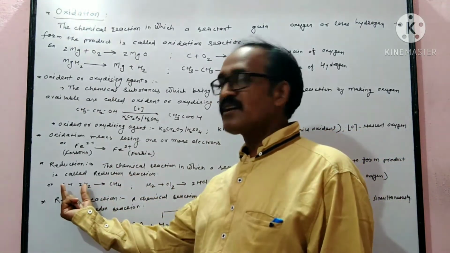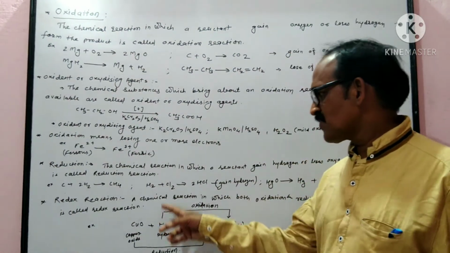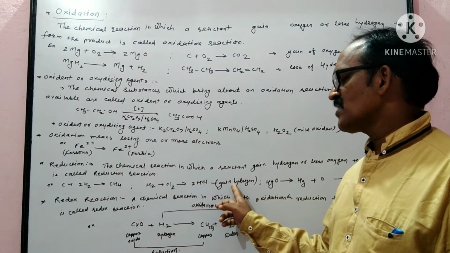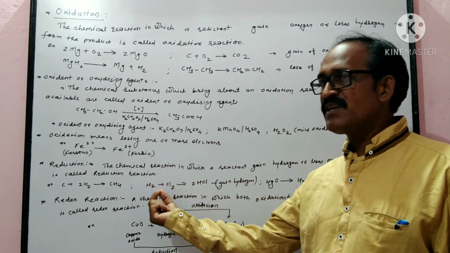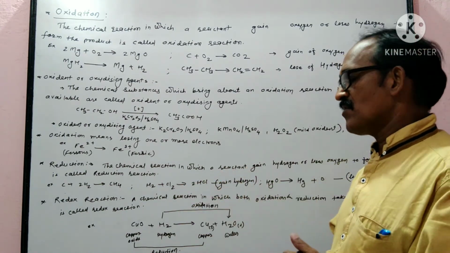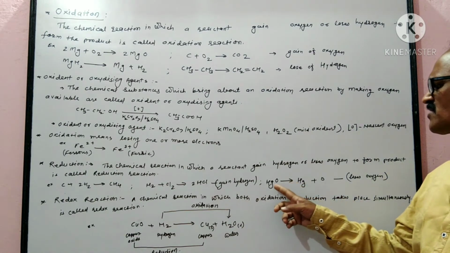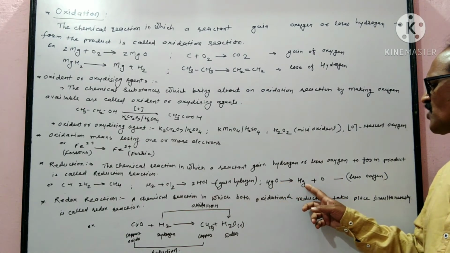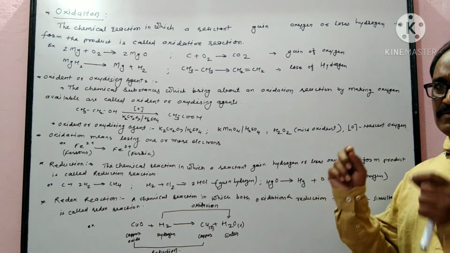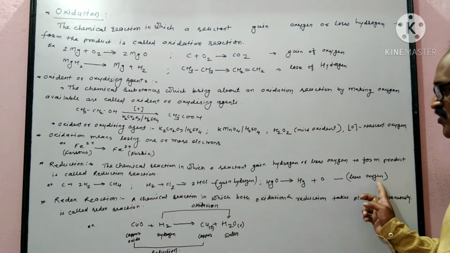Here the hydrogen is combined, that is, gaining hydrogen atoms. In the second example, H2 plus Cl2 forms 2HCl. Here also hydrogen is gained, the two combine, and in the product they gain hydrogen. In the next reaction, HgO, that is mercury plus oxygen, the reactant loses its oxygen, meaning loss of oxygen.